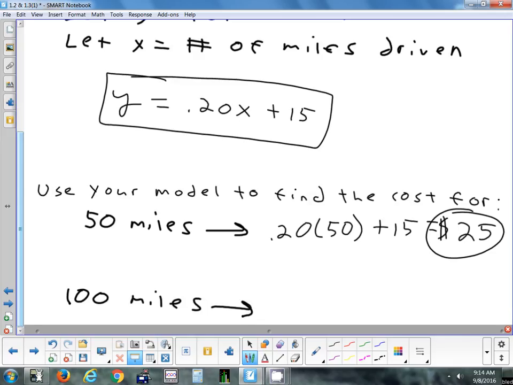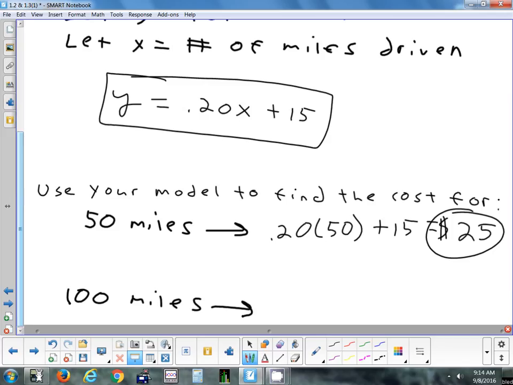How about 100 miles? Since it's double the distance, it's double the cost, right? Not necessarily. How come? Because the 15 is a constant. Right, we're going to be careful because this $25 includes an amount that shouldn't be doubled, the 15. That's a one-time fee. That'd be 35.